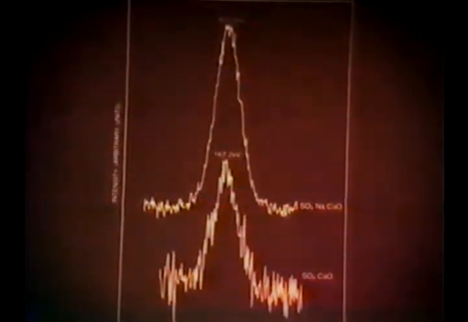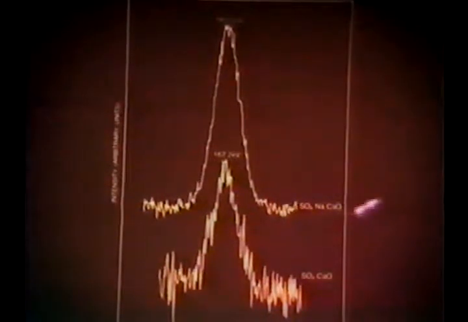So this indicates there is only one form of sulfur adsorbed on calcium oxide and that is not affected by the deposition of sodium. However, the intensity of the sulfur peak has increased tremendously on the sodium calcium oxide system compared to the pure calcium oxide system.